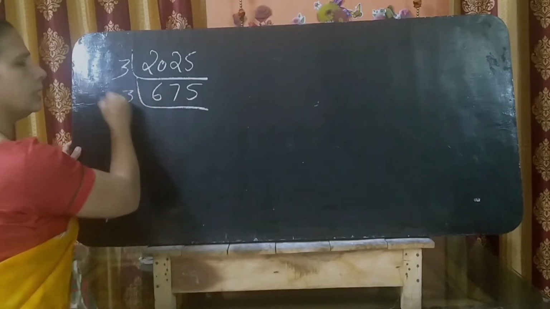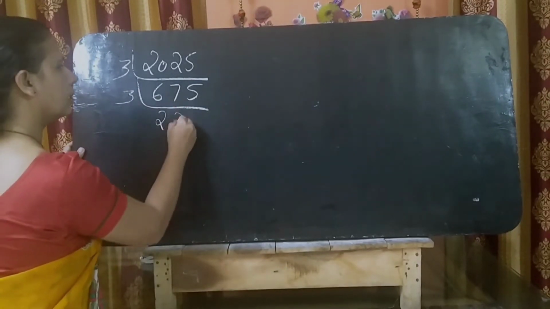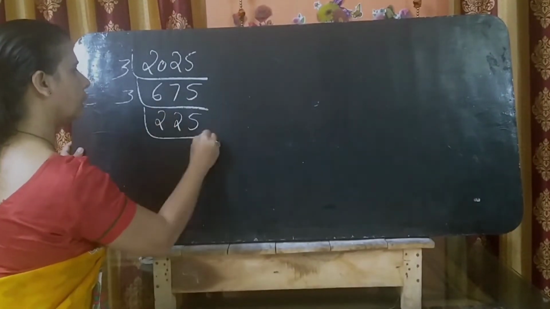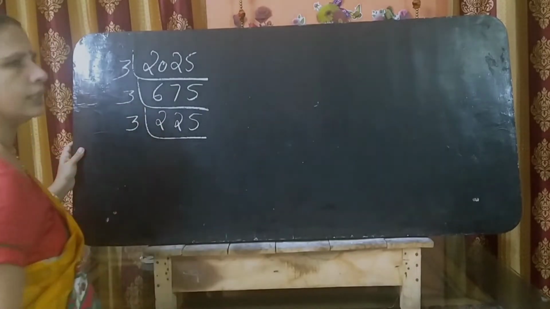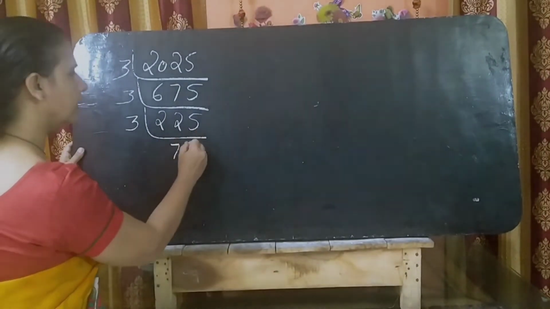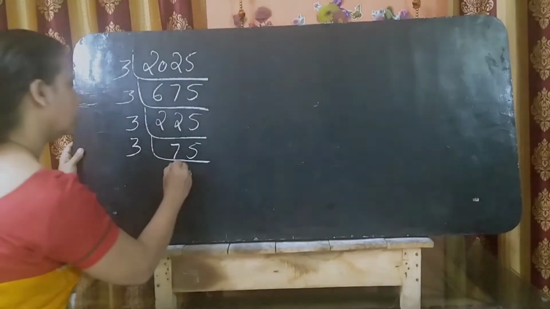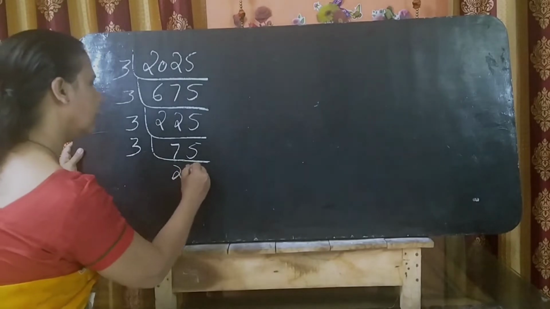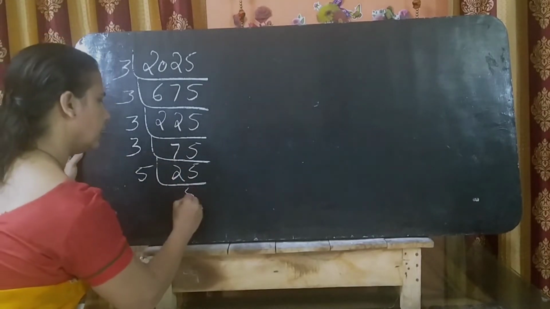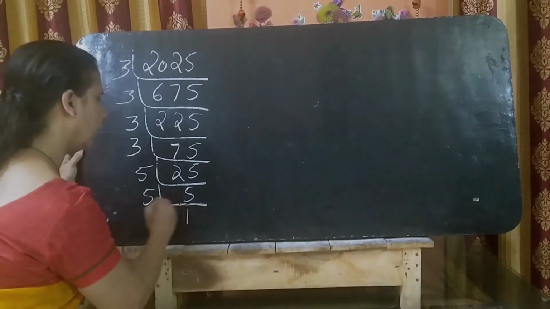Again factor is 3. 3 2s are 6, 3 2s are 6, 1 left, number will become 15, 5 3s are 15. Again factor is 3. 7 3s are 21, 1 left, number will become 15, 5 3s are 15. Then factor is 3. 3 2s are 6, 15, 5 3s are 15. Factor is 5. 5 5s are 25. Again factor is 5. 1 into 5, 5.